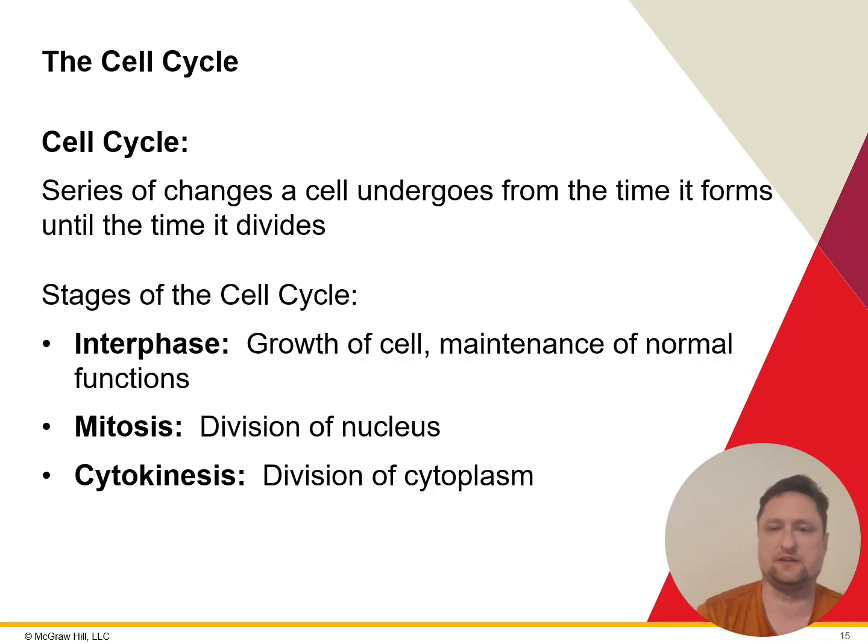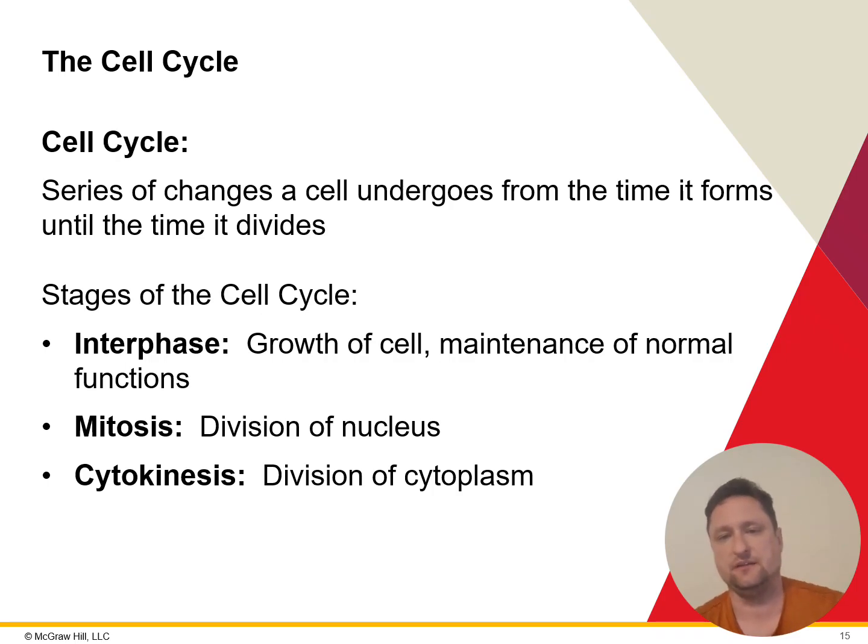Regulation of the cell cycle is tightly controlled by certain checkpoints that we'll look at, and certain proteins called cyclins. Errors in these regulatory mechanisms can result in uncontrolled cell division, leading, unfortunately, to a word nobody likes, cancer.